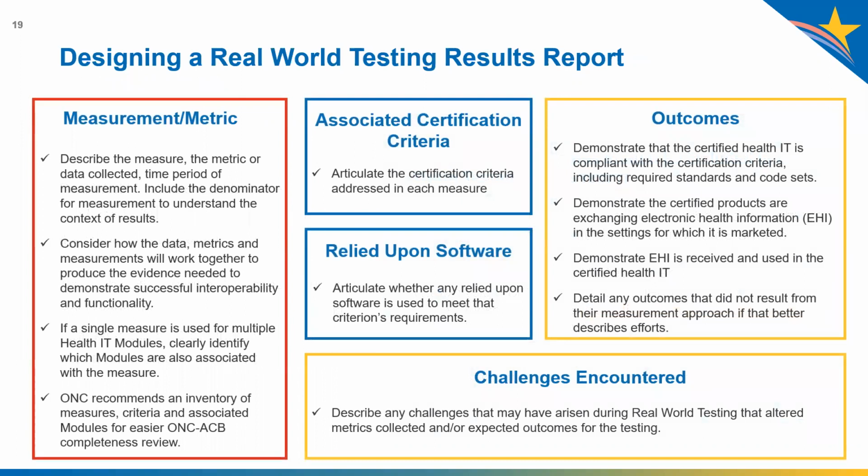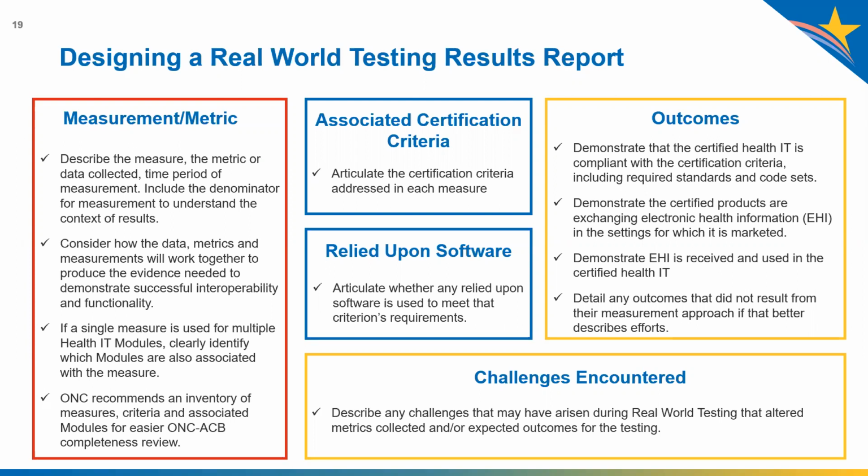All right, so if you reviewed the real world testing results report template, you'll probably be familiar with a table that we have there. And we put that table there to sort of help to connect the dots with some of these elements that are required by the submissions. So you want to talk about the measurement and metric that you use to assess conformity and how successful your product is at meeting the interoperability and data exchange functionalities.